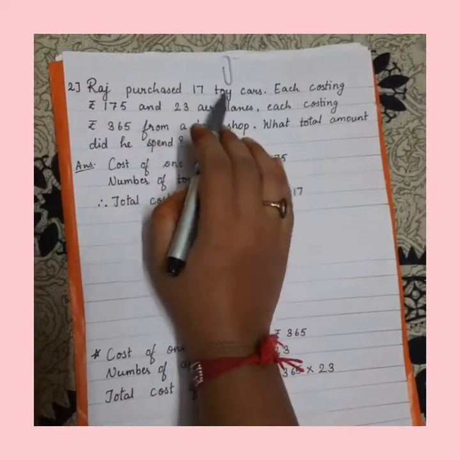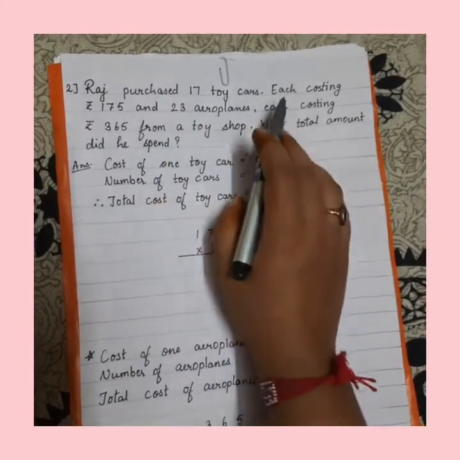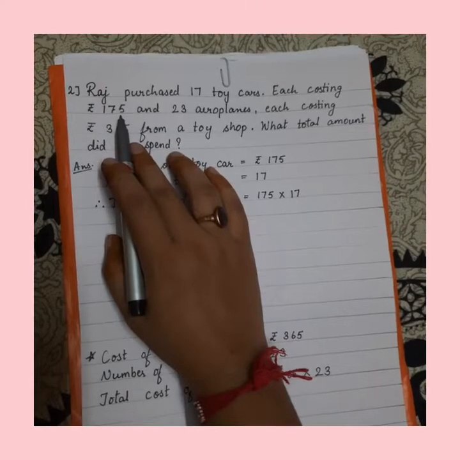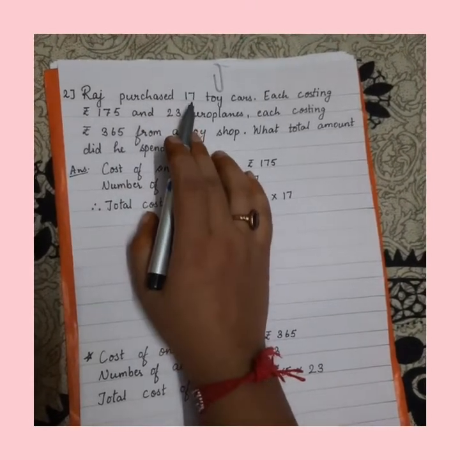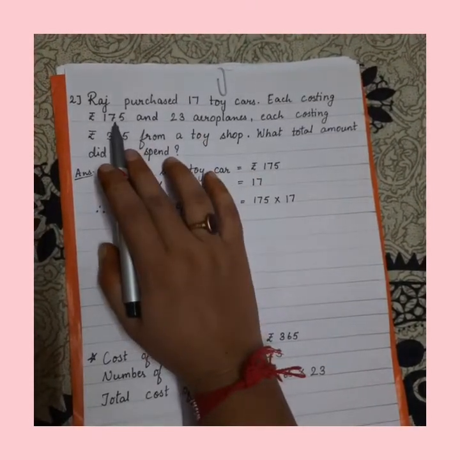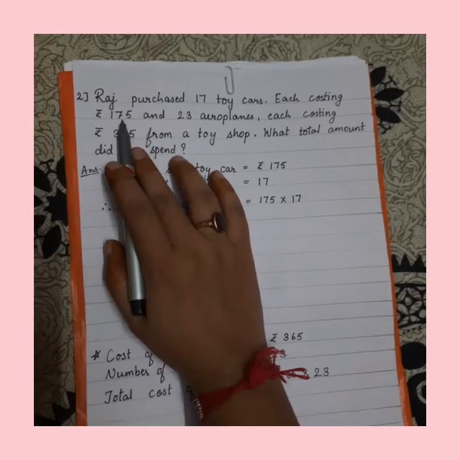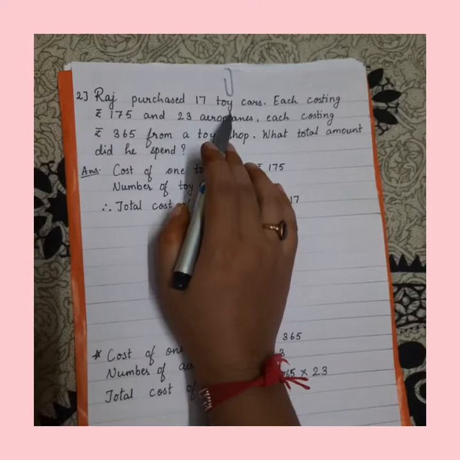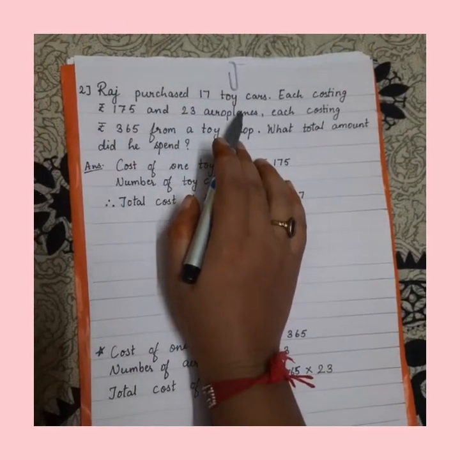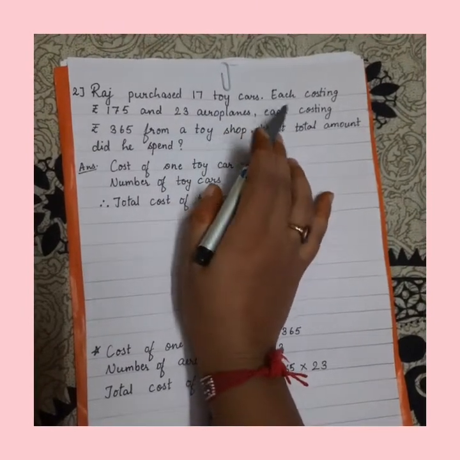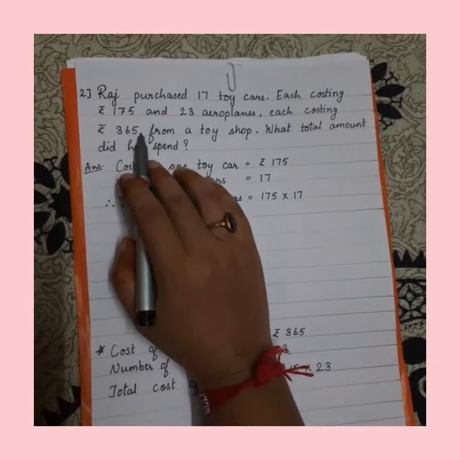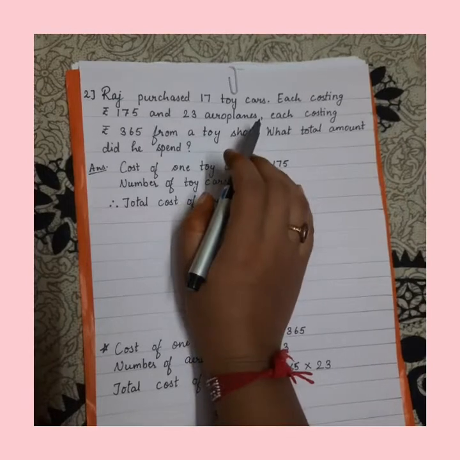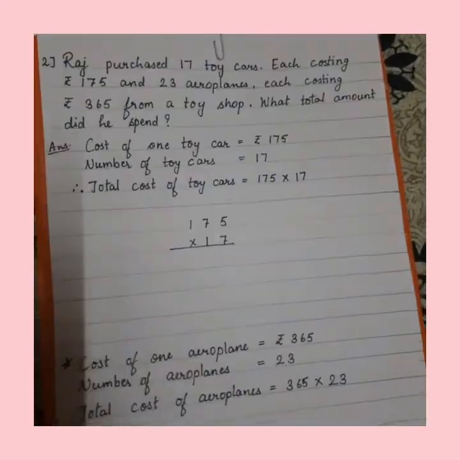He purchased 17 toy cars, each costing rupees 175. Means for one toy car he has to give 175. And 23 aeroplanes, each costing rupees 365 from a toy shop. What total amount did he spend?